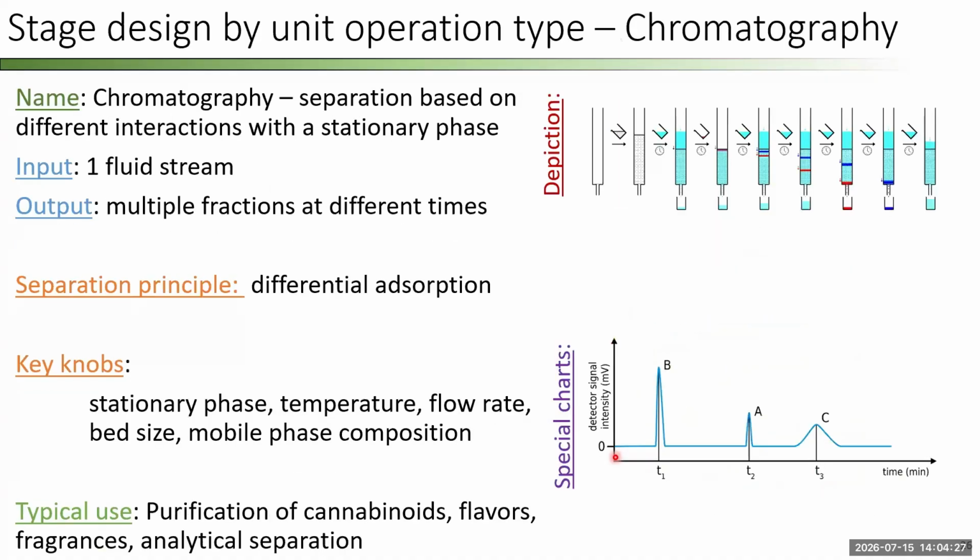This concept of adsorption is often used in what's effectively a multi-stage system called chromatography. This is again a separation based on different interactions, but this time, instead of constant flow through the system, we're going to have starts and stops. I really want to take some time and think through this.